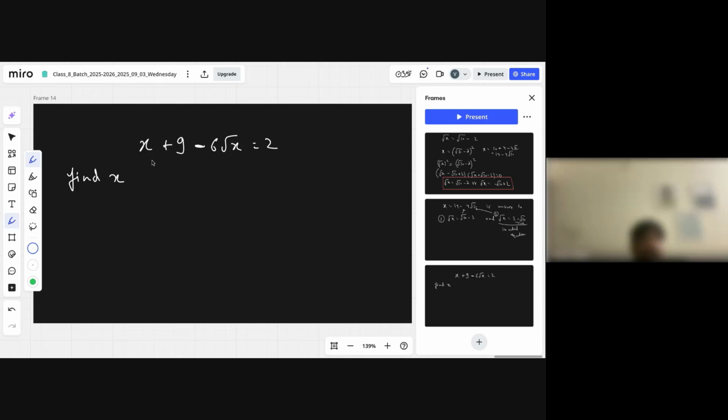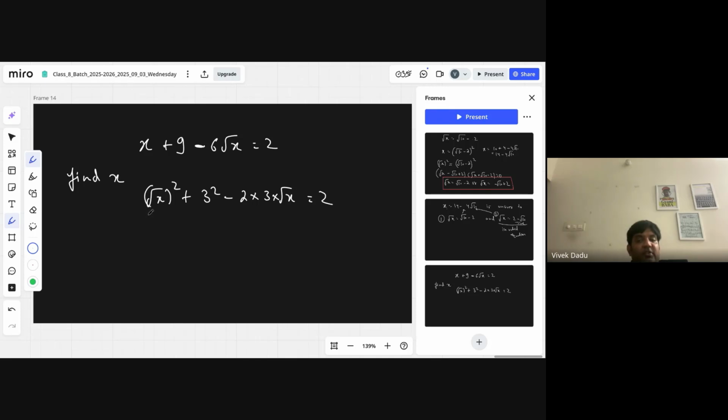Arnav, see. x can be written as root x whole square. 9 can be written as 3 square. 6 root x can be written as 2 into 3 into root x. Okay.